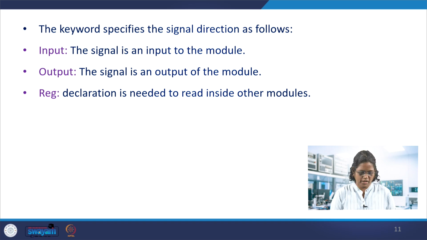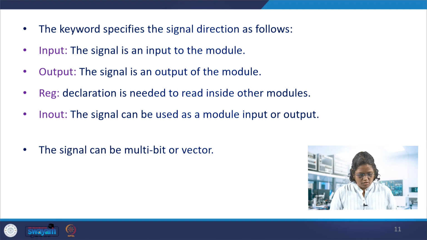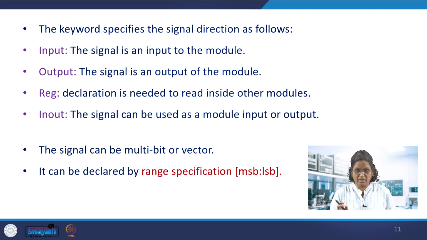Reg, net and wire, all of them we will be discussing in the coming lectures. The in-out declaration can be used as an input or an output. The signal can be multi-bit or a vector also. It is not necessarily a single bit.